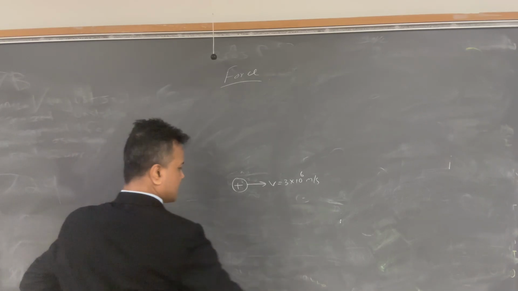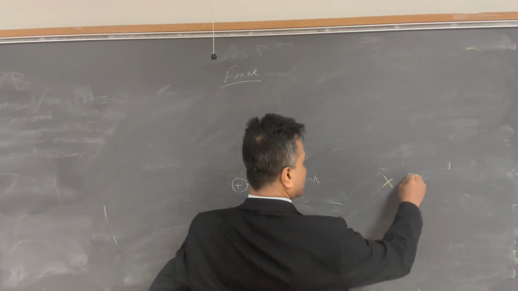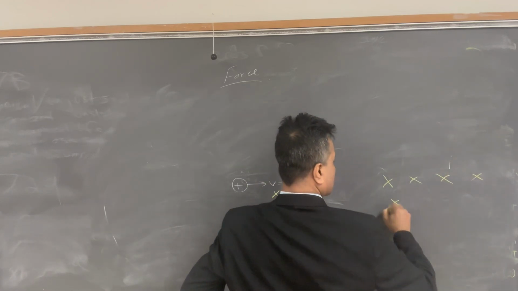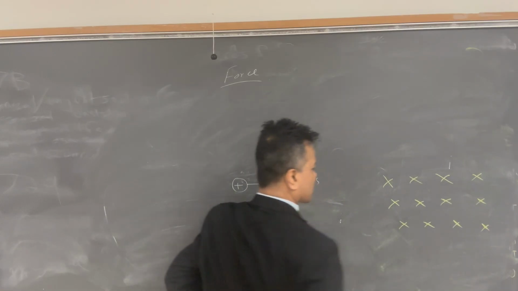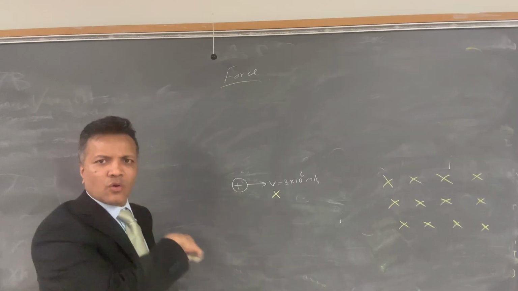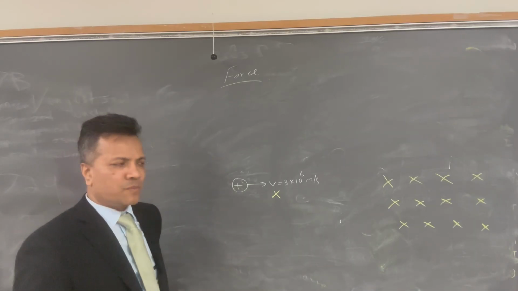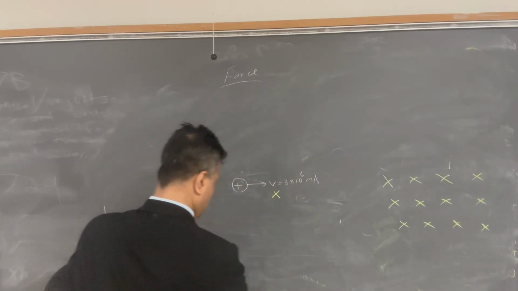Now, at this location the field is inside. So the field is like this, uniform. Especially on the loop, the field is uniform on the loop. So if you have a loop, the field is uniform on the loop. Okay.